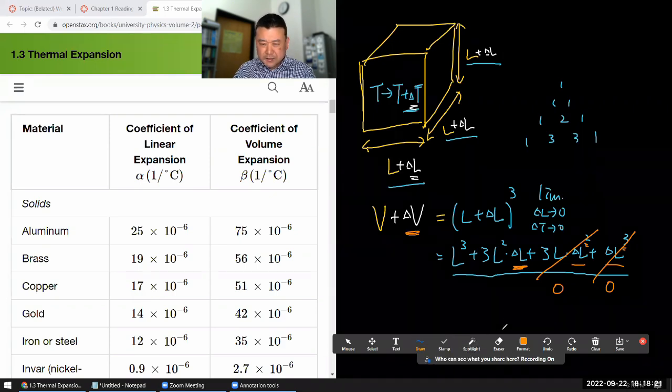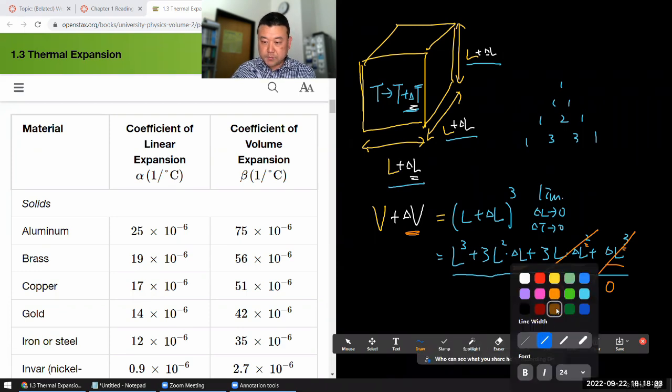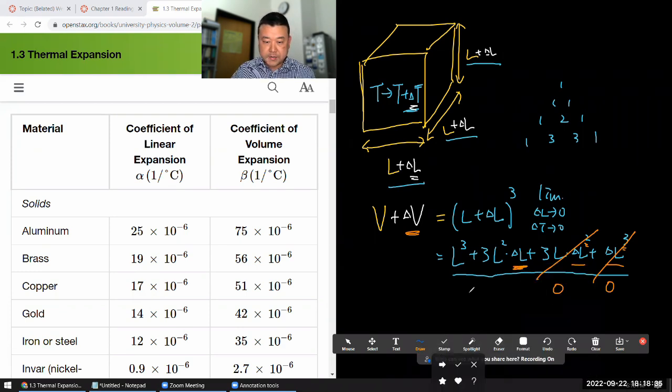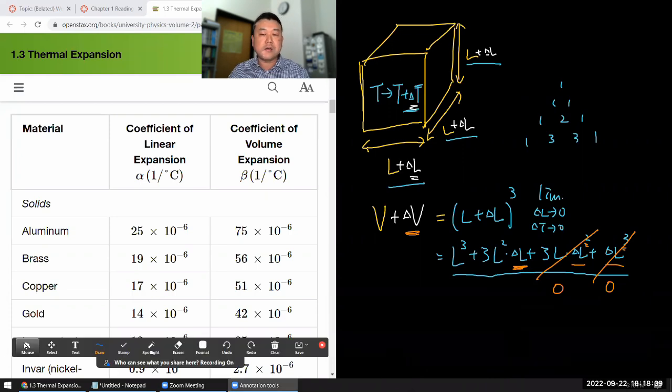And now, still looking at this, it might look a little bit more complicated. So let's see, how do I work this out? I think if I do this manipulation, it'll look a little bit simpler. It'll look more in line with the language of the thermal linear coefficient of expansion. So I'm just going to factor V out of this expression.